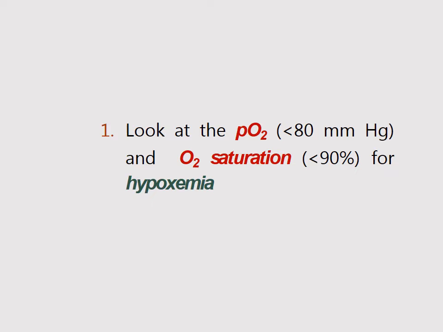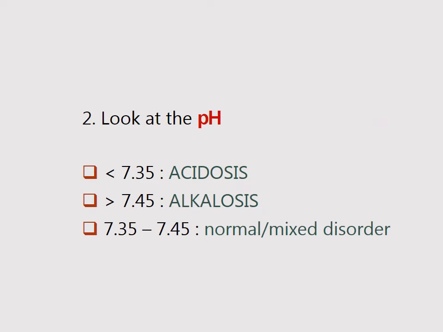If the PO2 is more than 80, up to 100 or even more when he's on oxygen, you would think that the patient is not in respiratory failure. But if it's going less than 80 and even less than 60, you can surely say that your patient is in respiratory failure. What type of respiratory failure, whether it's type 1 or type 2, we can discuss later on. So the first thing you will be looking at in the ABGs would be the PO2.